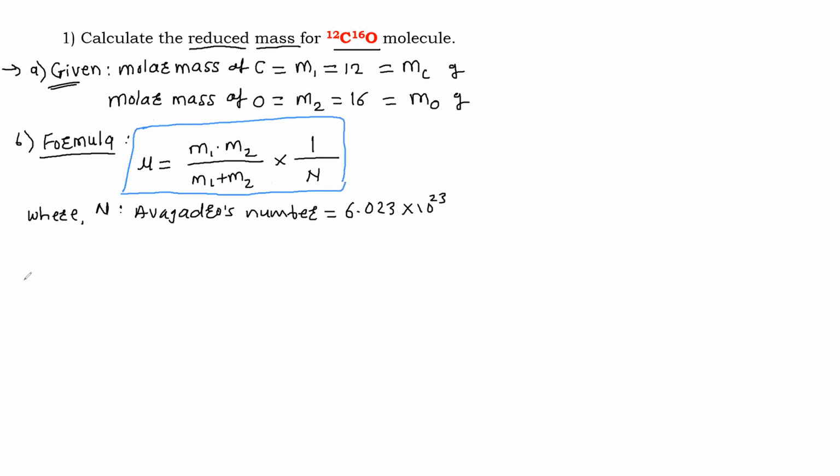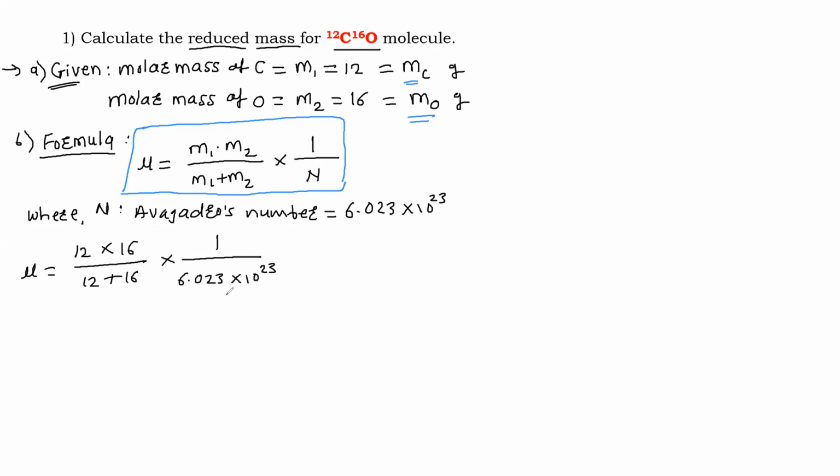So just put the values of m1, m2 and N in this formula, and you will get the final answer. Mu is equal to, now m1 is nothing but the mass of carbon. You can write MC or MO instead of M1 and M2, it's your choice. I have written M1 and M2. So M1 is the mass of carbon, which is 12 into 16 divided by 12 plus 16, into 1 upon 6.023 into 10 raised to 23.